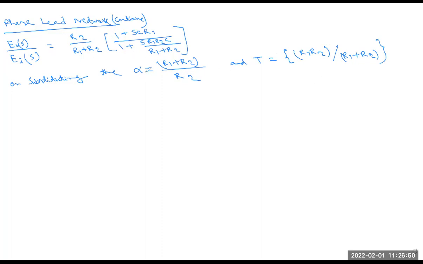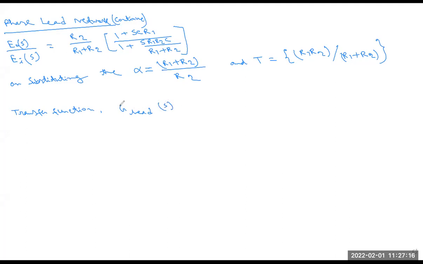Okay, so we put this alpha and T in these equations also. Then the equation comes, we have to express here. This is the transfer function. We have expressed here the lead network of the system.